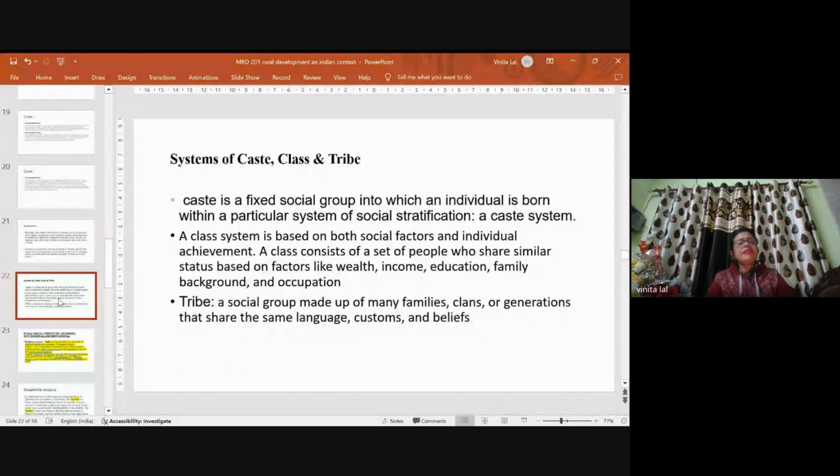So jati have existed in India among Hindus, Muslims, Christians, and tribal people, and there is no clear linear order among them. So the term caste is derived from the Portuguese word casta.